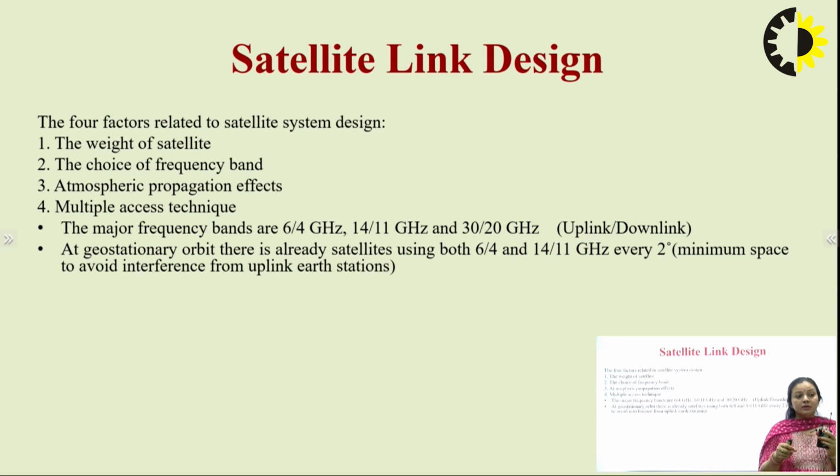In that case, the most important thing is the weight of the satellite, because you are going to launch it maybe in a low Earth orbit. So you don't want more applications for that particular satellite. I want the weight of the satellite to be limited. Otherwise, it will increase my cost, and it will be difficult to place a heavy satellite into the orbit. So the first factor is the weight of the satellite.